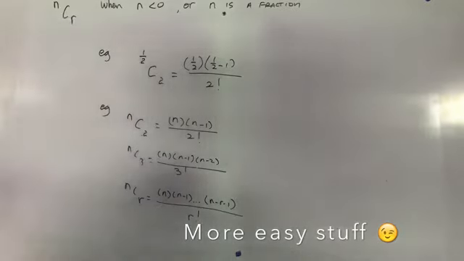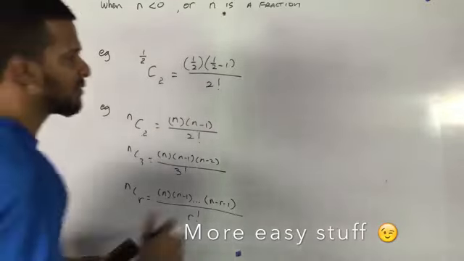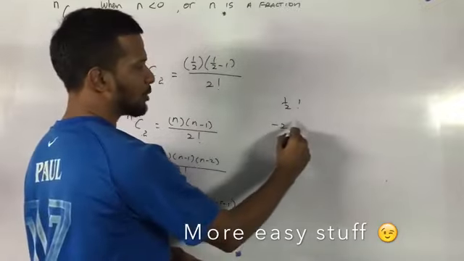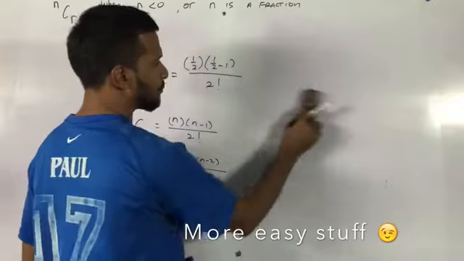And this version is only really used when we have a fraction or something negative. Because if you wanted to find, for example, a half factorial, we wouldn't get it from our calculators, nor minus 2 factorial. Okay?